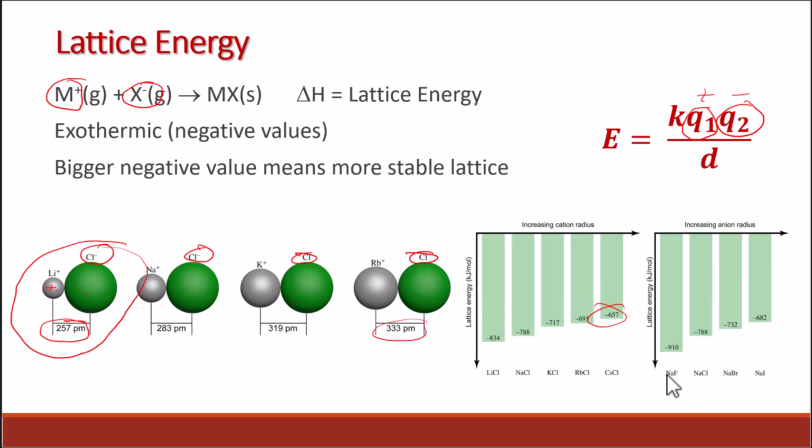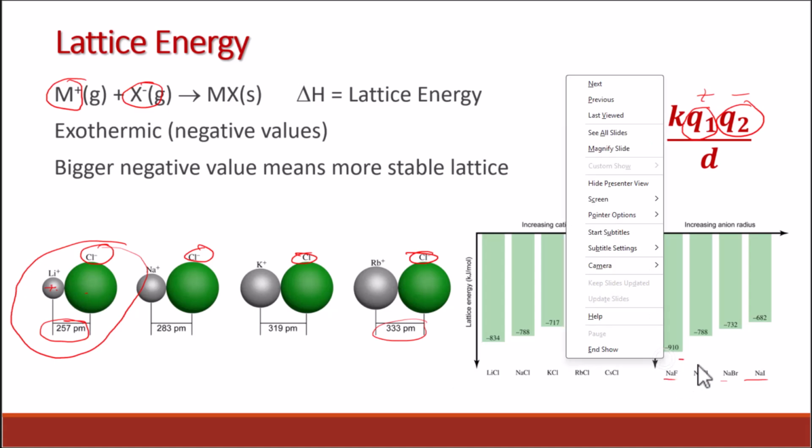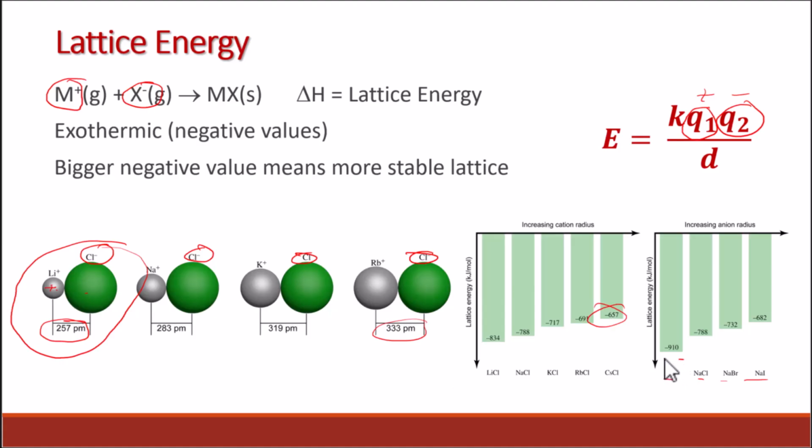So here we've got the same cation. It's sodium in every single case, but we've gone down the halogens from fluorine to iodide ion. For sodium fluoride, it's all due to the fluoride ion being smaller. You have a minus 910 kilojoules.